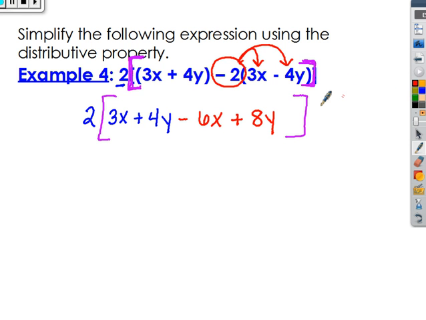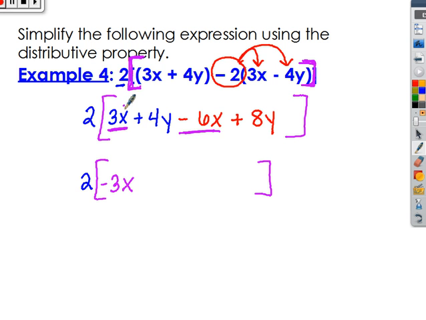Remember, I'm still working inside these brackets, so I still am not doing anything with the 2 yet. That comes last. So inside my brackets, I did multiplication, I don't have any division, so now I'm adding and subtracting, which again means just combine like terms. So I've got a 3x, and its like term is a -6x. So 3x minus 6x is a -3x.